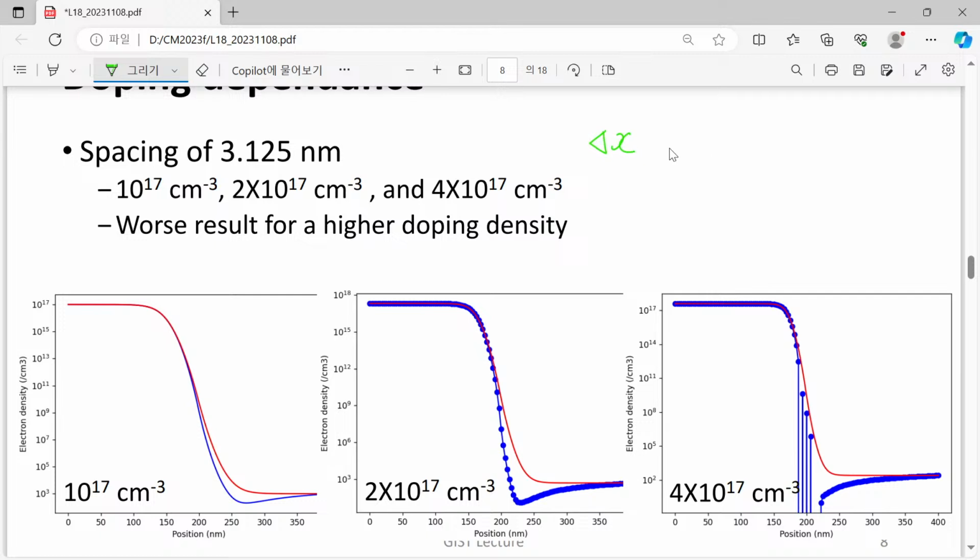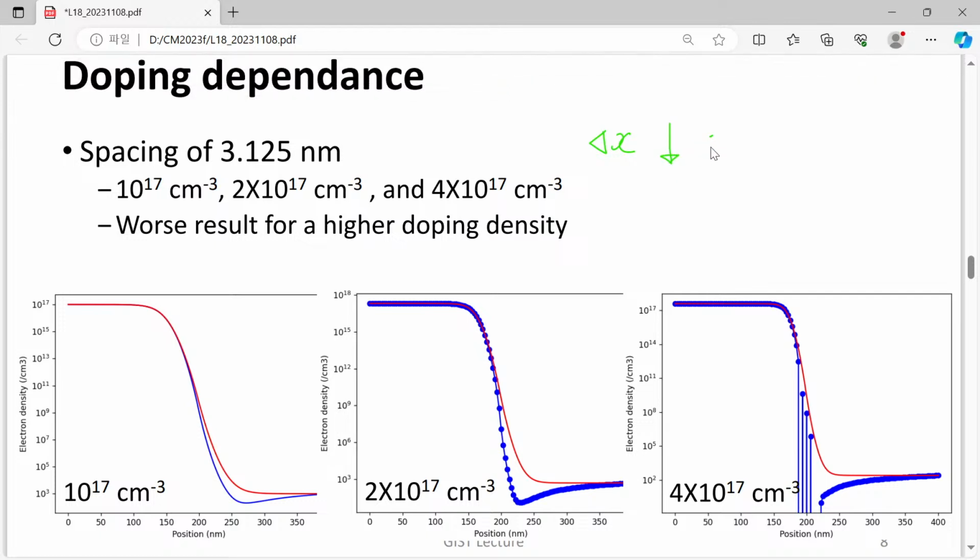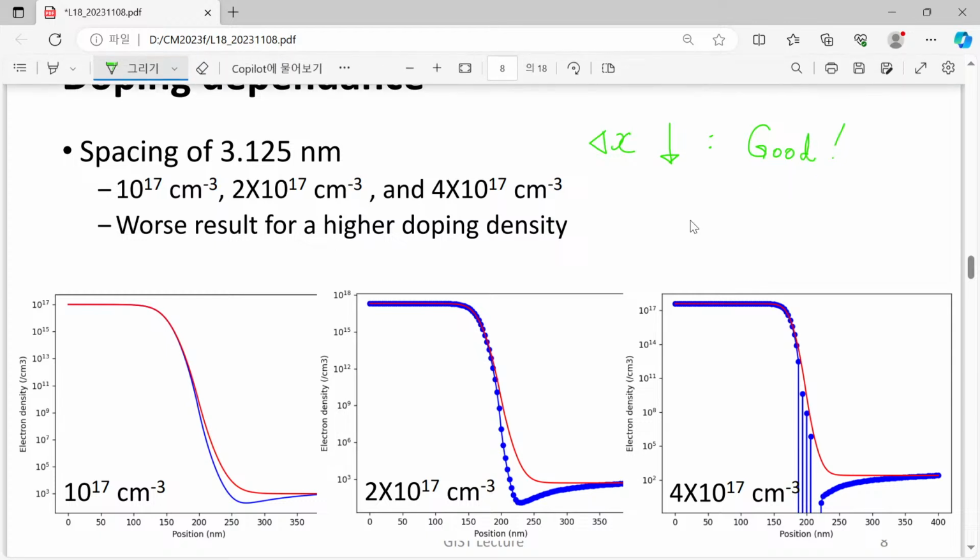It was obvious that if you have small delta x, then it's good, and if you have a coarse grid, then that was bad. That was the lesson from our previous slide.